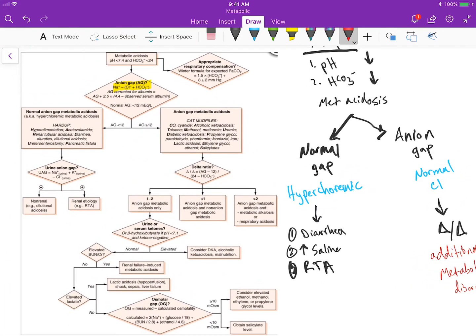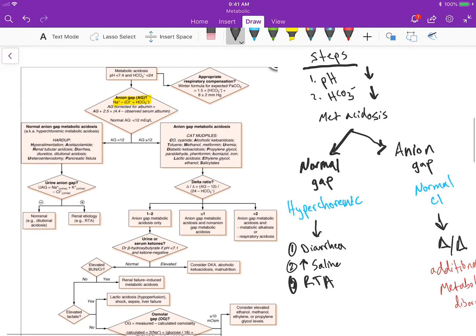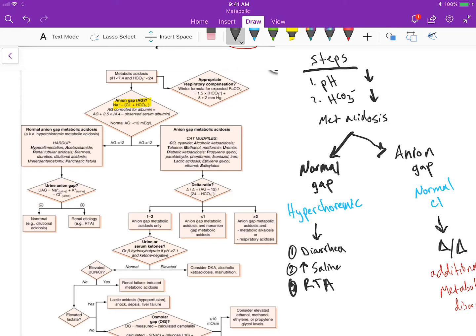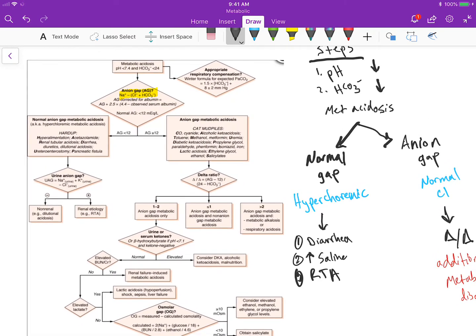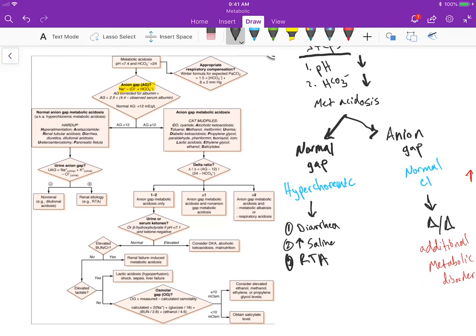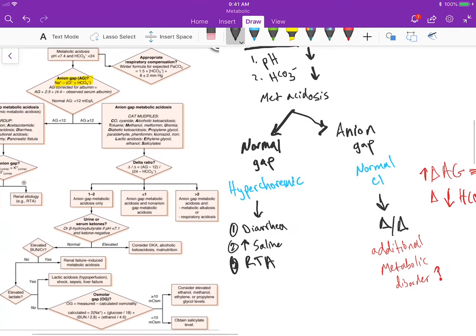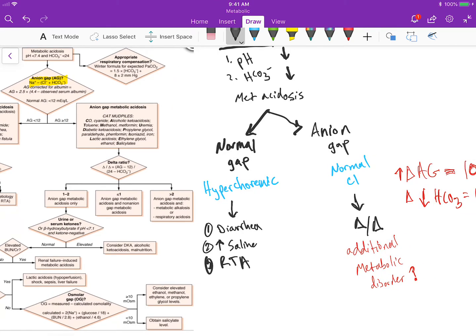When we're navigating this algorithm, the first thing we want to do is look at the pH, look at the bicarb, and then ask ourselves: is this a normal gap metabolic acidosis or an increase in anion gap metabolic acidosis? We've already covered some of the conditions seen in the normal gap or hyperchloremic metabolic acidosis, and we discussed when you would use the delta delta formula and the concept behind it.